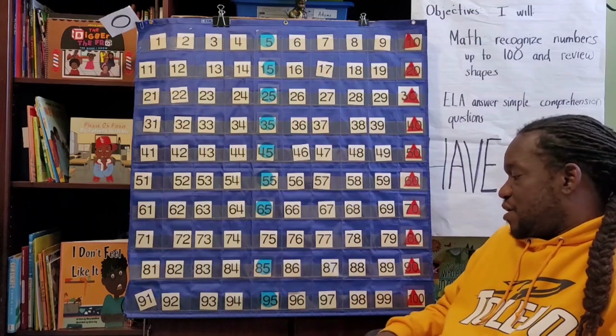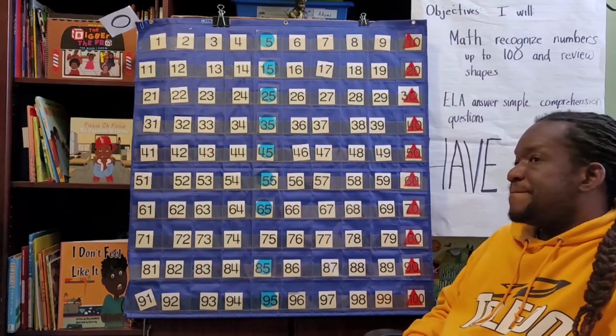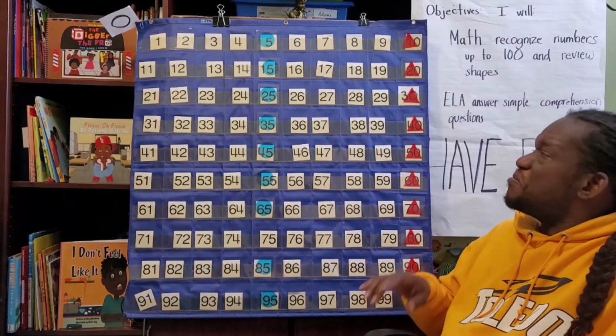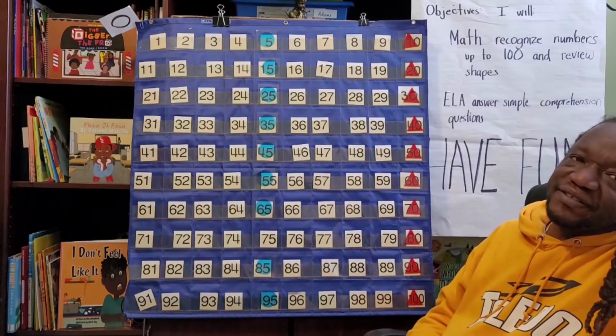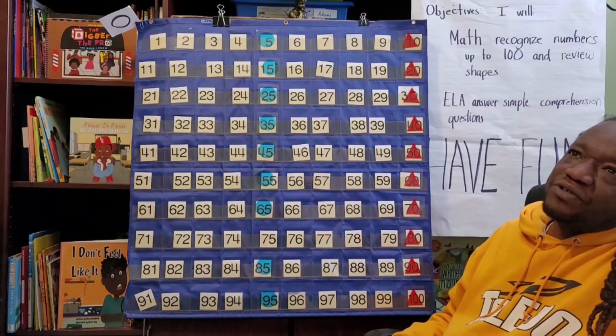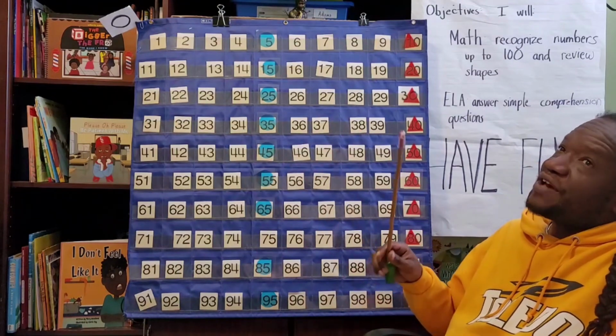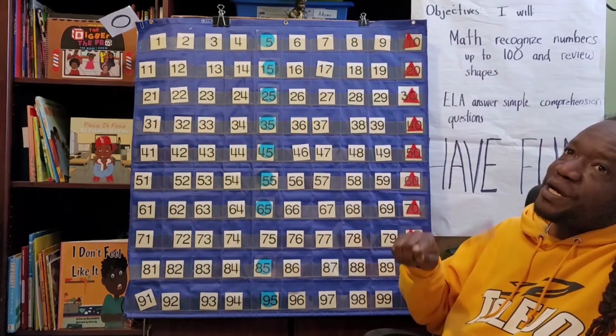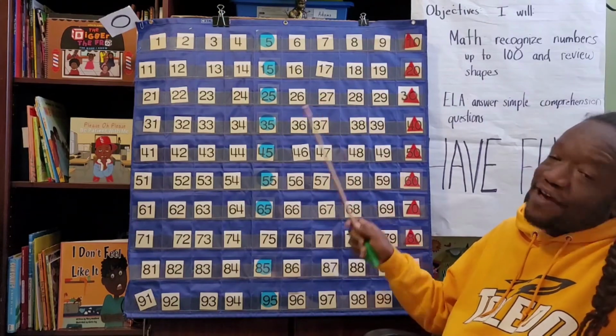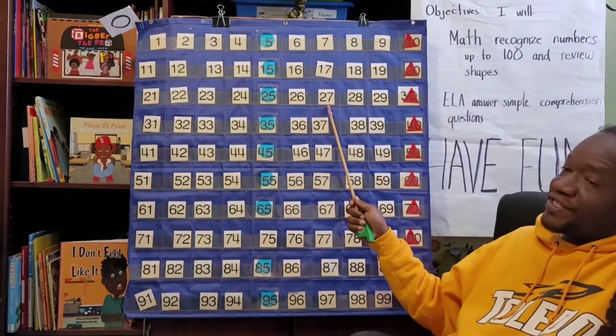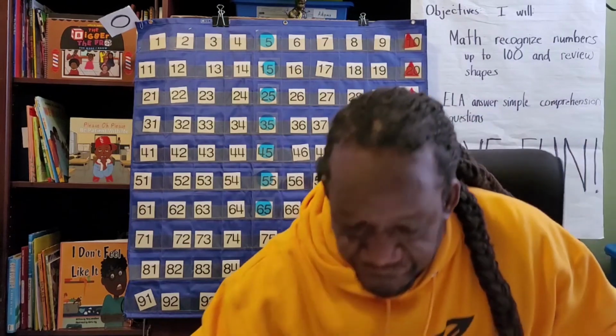And one more. I want 27. Yeah, we had 26 earlier. What digit comes first? A 2 and a 7. Right. So this is 27 right here.